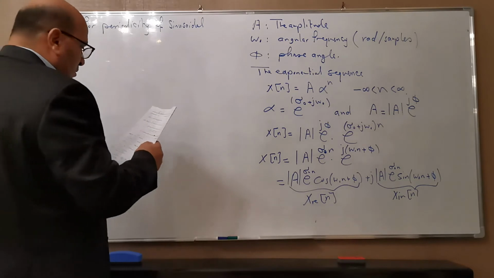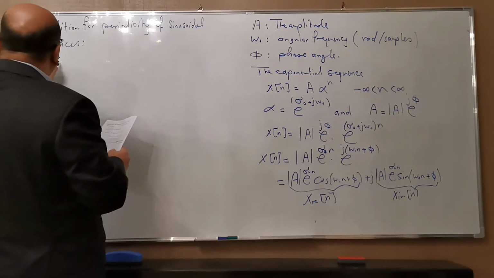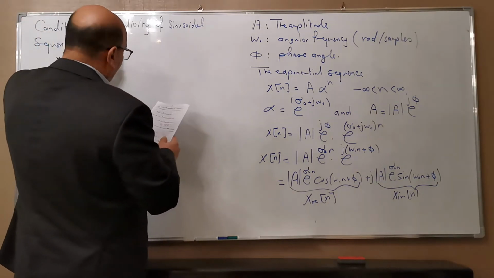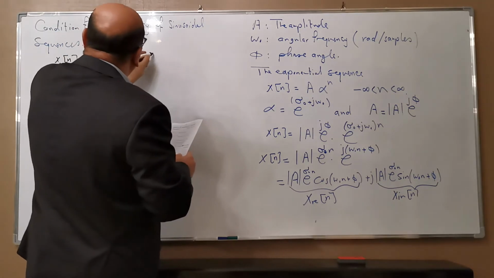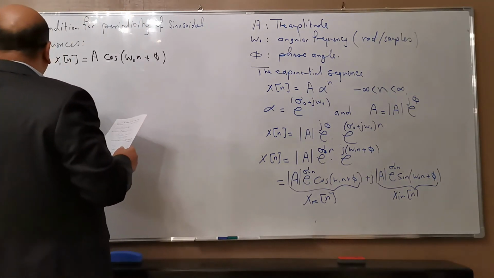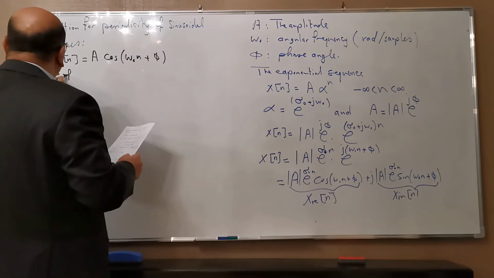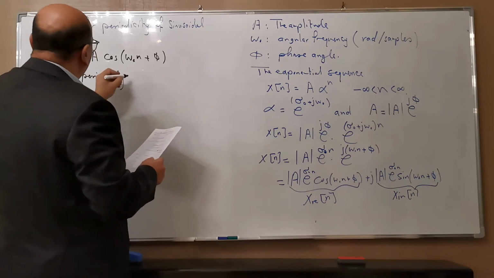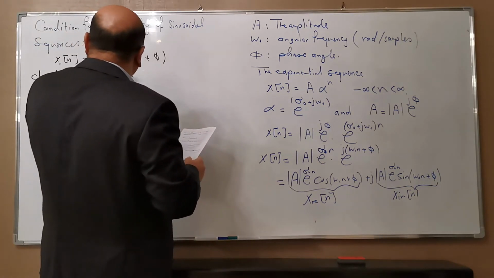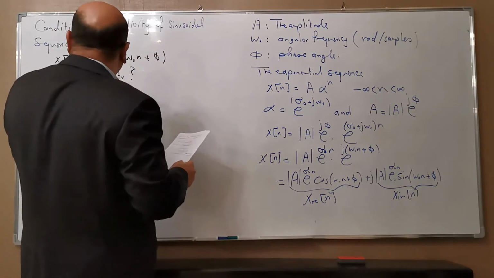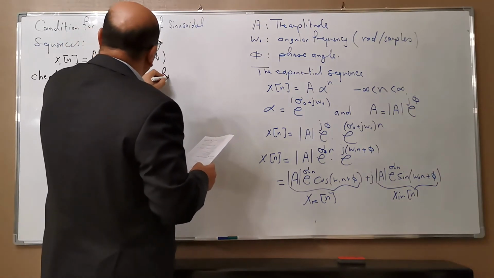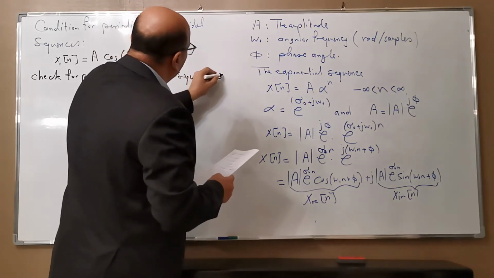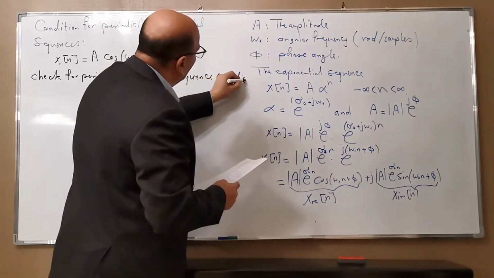Let's take x1 of n to be a cosine omega 0 n plus phi, and we need to check for periodicity. Is this sequence periodic or not?